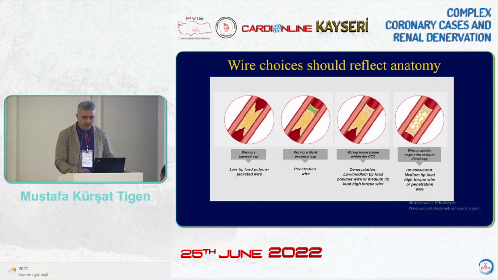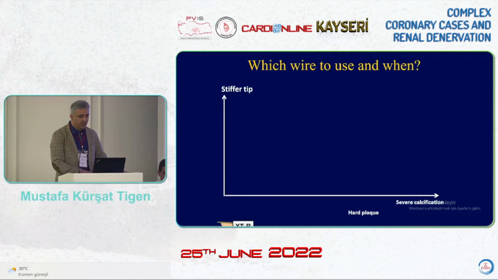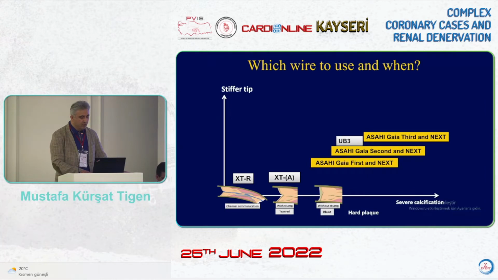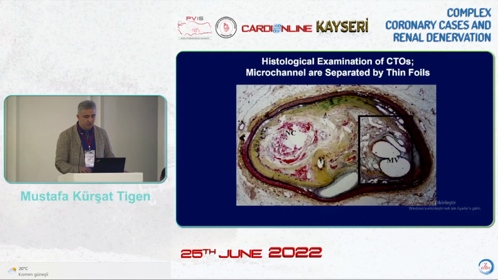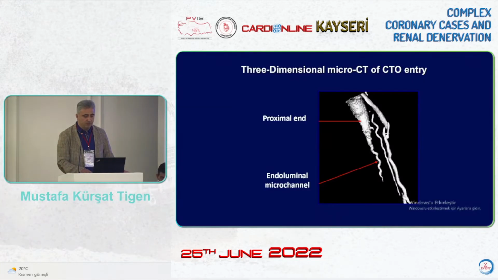And if there is high calcification, escalation can be done with a medium tip load wire. And these wires are generally of Asahi, but we can also use Confianza and Hornet to increase the penetration capability.